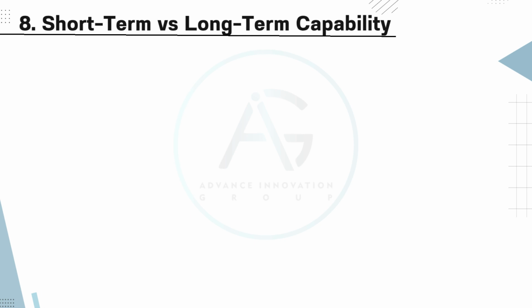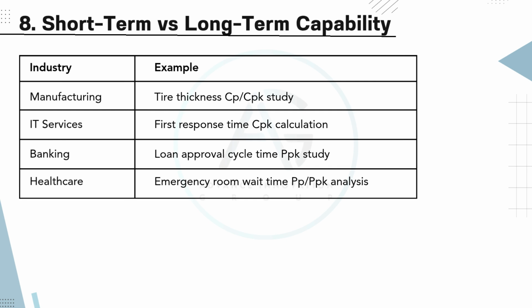Eight. Short-term versus long-term capability. This slide highlights how short-term and long-term capability metrics are applied across different industries. In manufacturing, we often use CP and CPK to study consistent product dimensions, like tire thickness, focused on immediate variation and process centering.